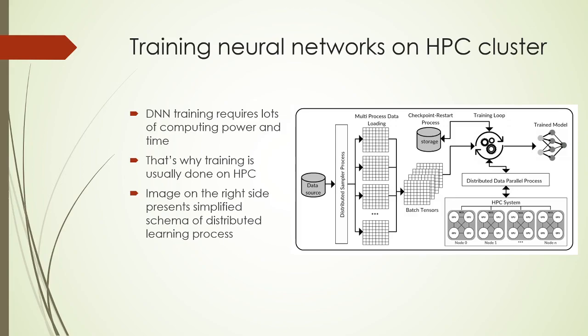Such batches are fed into the training loop, which is run by an HPC cluster, a group of powerful computers, so-called nodes, with multiple GPUs on each of the nodes. There is also a checkpoint restart process ongoing concurrently to make sure the training process doesn't have to start from scratch each time one of the compute nodes fails. The trained model is the final result of our training loop.